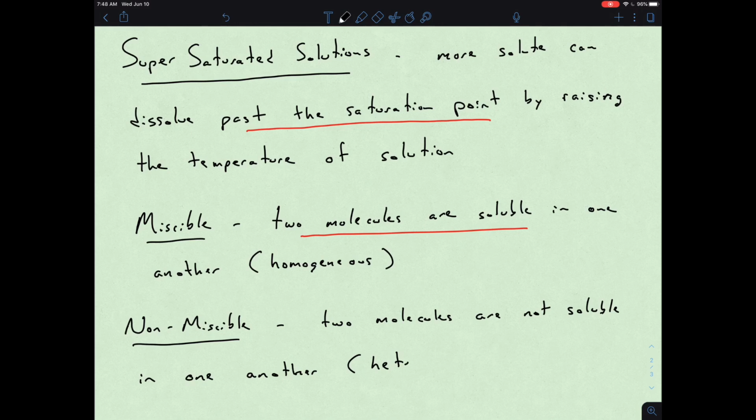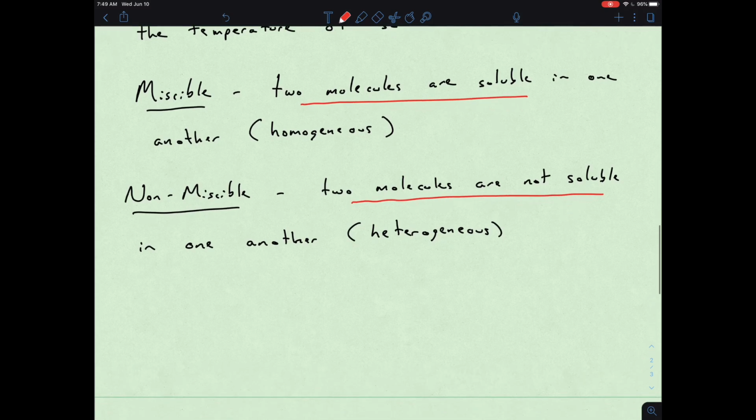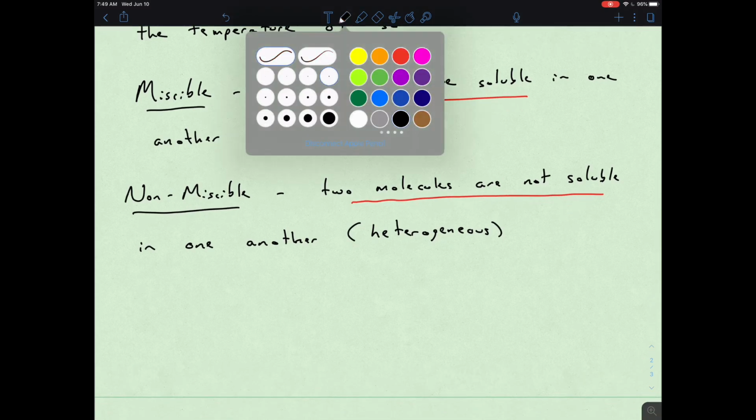Right, and we used to say heterogeneous.